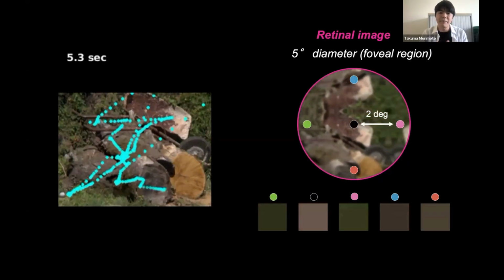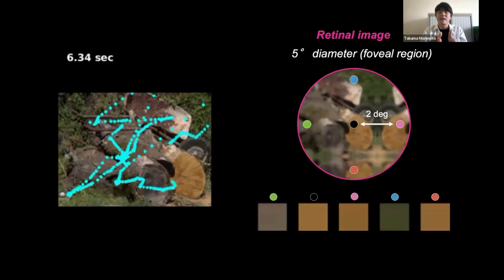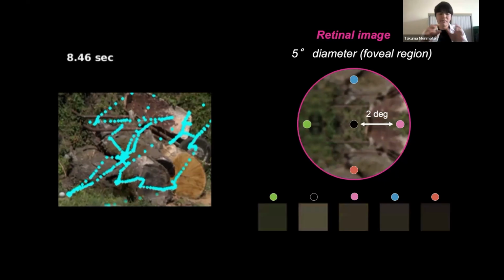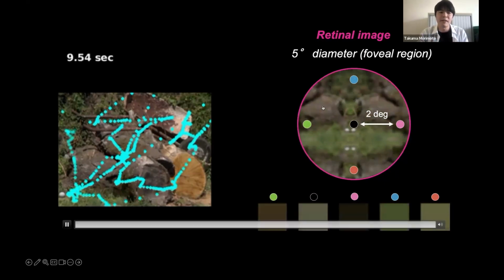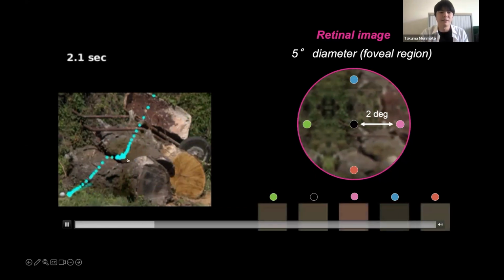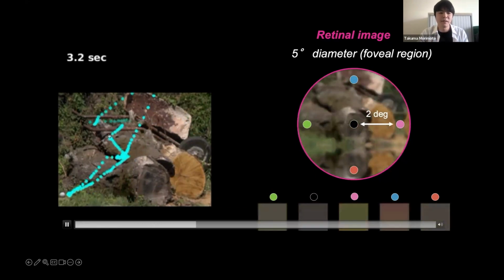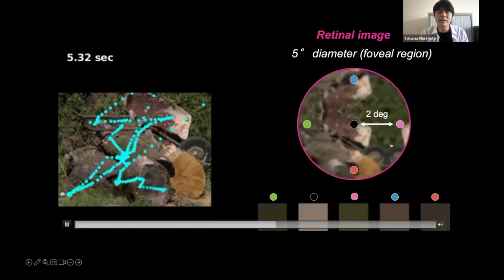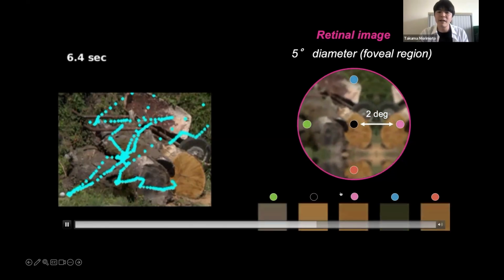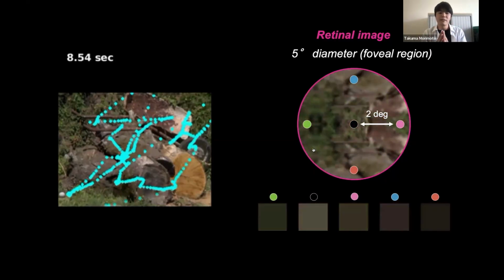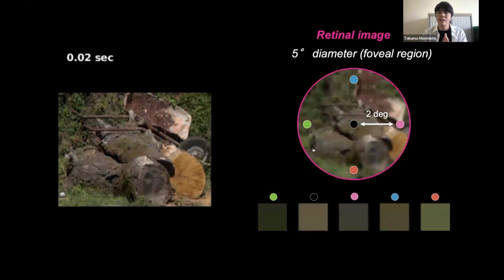The hyperspectral camera's acceptance angle was about 6 degrees, so we can look at only a 5 degree diameter region, which is basically the fovea. I'm just simulating the fovea as we move gaze shifts like this. In these retinal images, we accounted for the cone density difference over eccentricity, so the image is blurred towards the peripheral region.